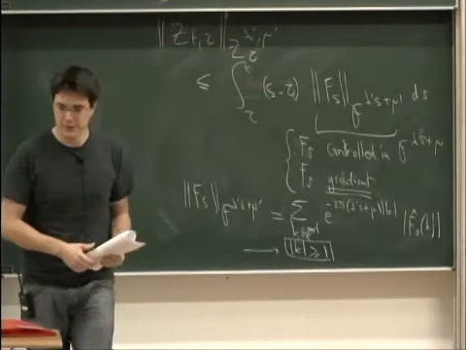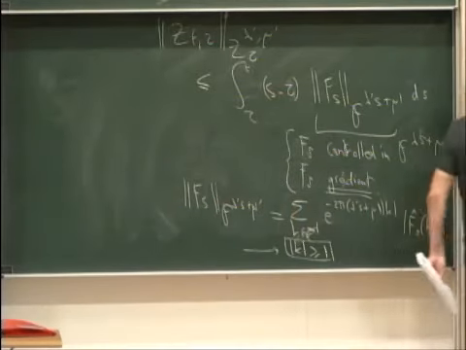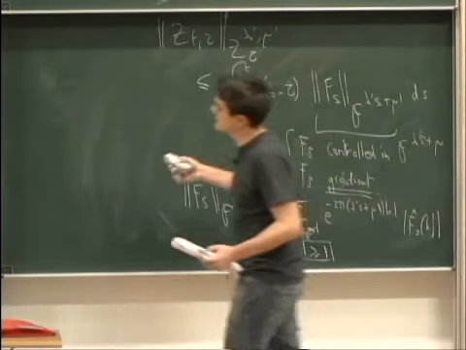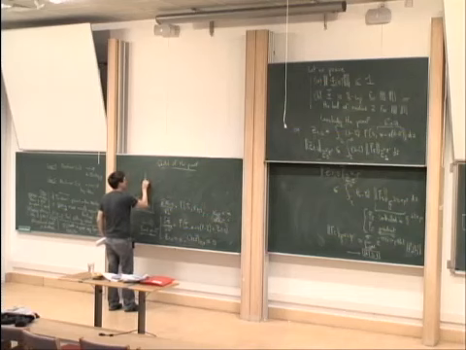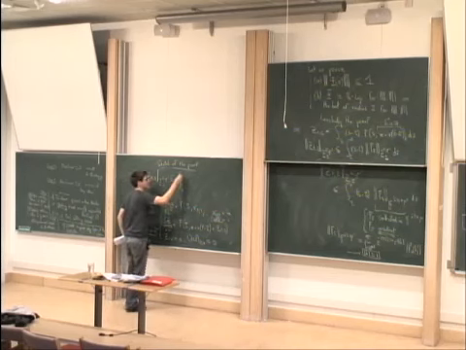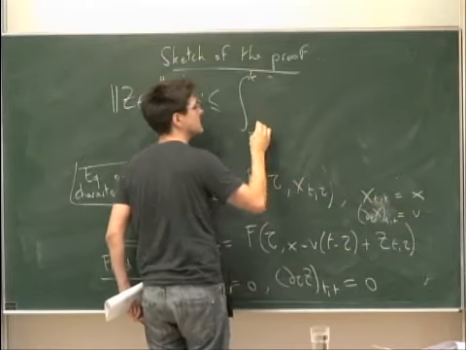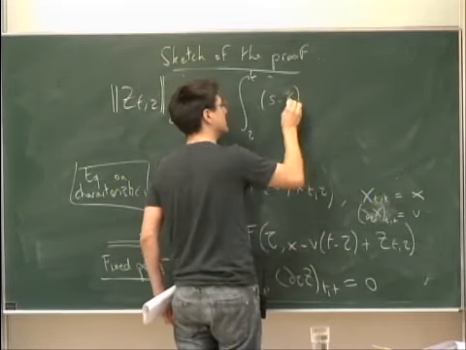So we deduce that what's in the integral decays a bit like s minus tau.